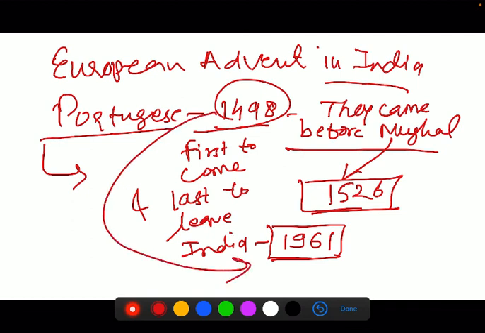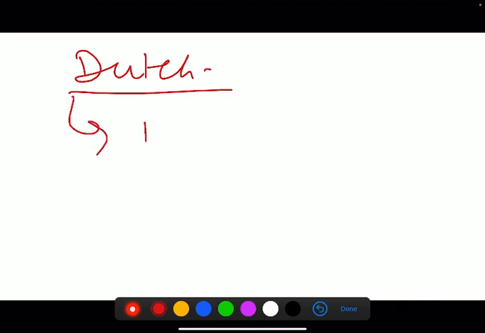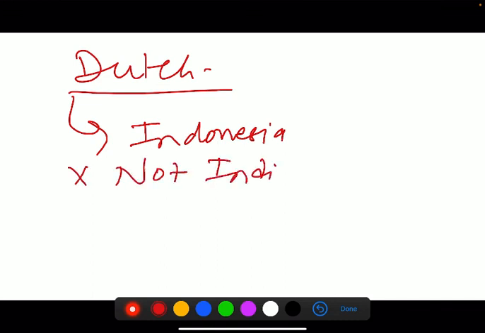After Portugal, who came? The Dutch. Their main interest was Indonesia, not India, but they still had their trading posts. We have seen where the trading posts were.